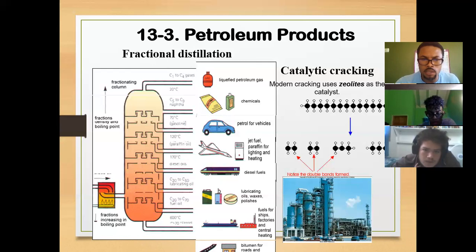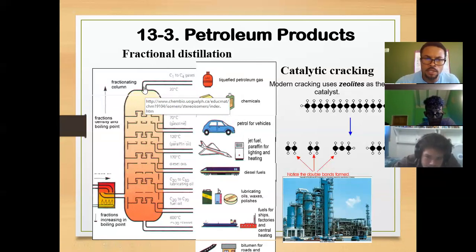And what's going to happen is the hydrocarbons between 1 and 4 carbons in length are going to have a lower boiling point, so they're going to evaporate faster. As a result, they're going to go up to the higher point in the fractionating column. So they're going to be leaving as gases.